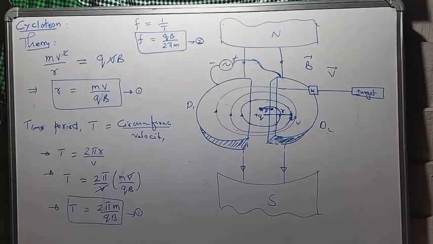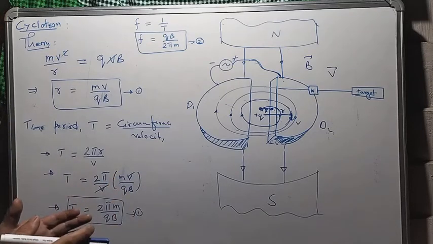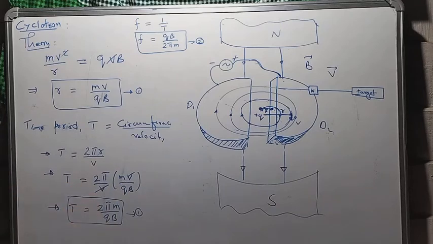Similarly, the frequency is independent of the radius and the velocity of the charged particle. So this is actually the principle of a cyclotron, which states that the time period of revolution of a charged particle is independent of the radius and the velocity of the charged particle.